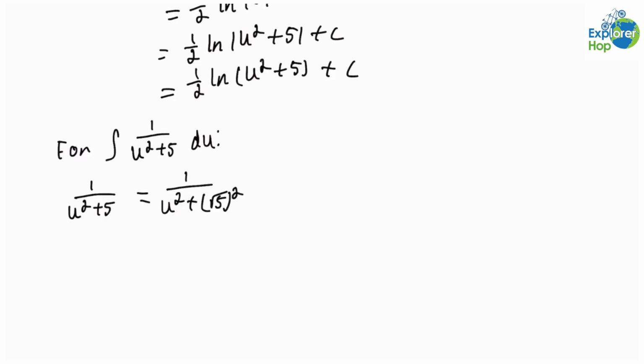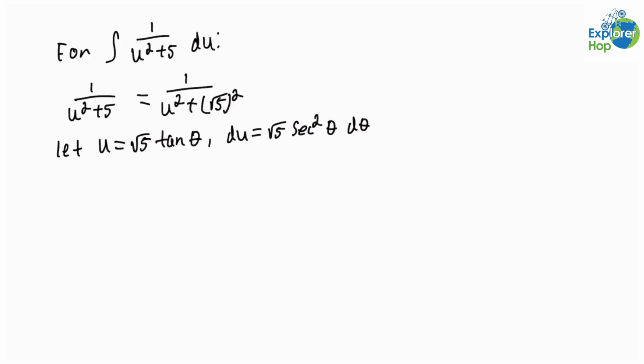Which means that if we wanted to make a trig substitution, we can let u be equal to the square root of 5 times tan of theta. So du is equal to root 5 times secant squared theta d theta.